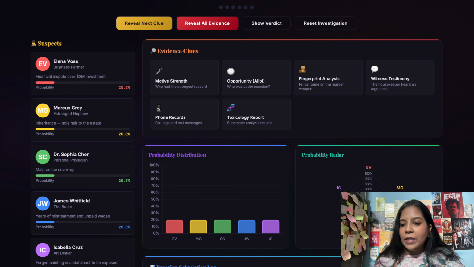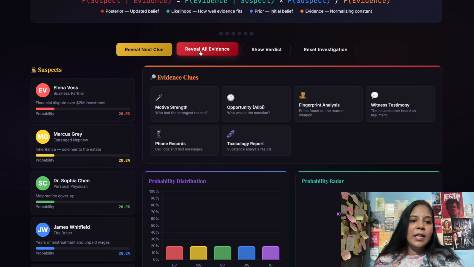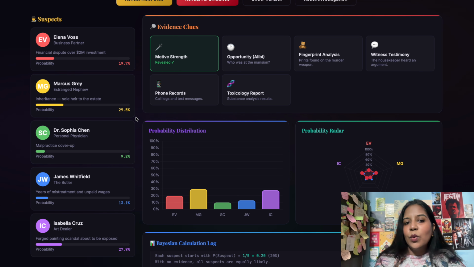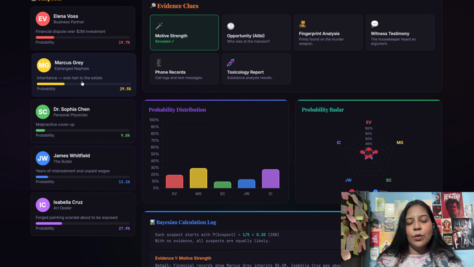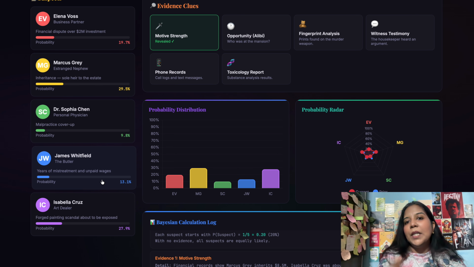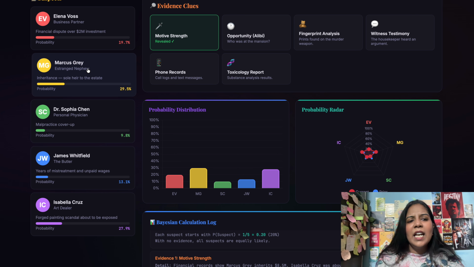So now the revealing part. Here you can see it is equally distributed. Now we'll review all the evidence. If we go with motive, we have Marcus and Isabella as possibly having committed the murder. Why? Because Marcus is a nephew, the sole heir of the property.